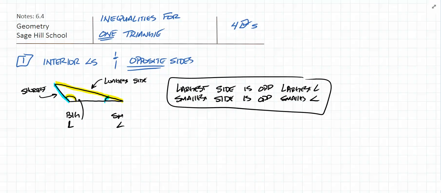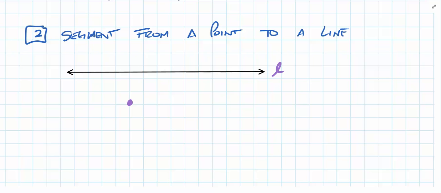This feels like it's a given, but it's actually a theorem, and so we're going to state it and talk about it. So I have a line L. I have a point, and we'll call that point P for now. That point P is not on the line, so it is not a collinear point.